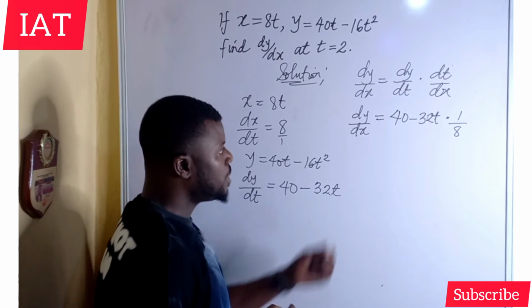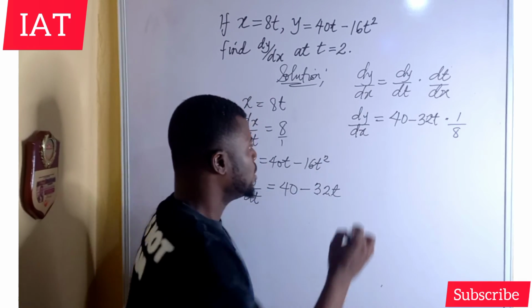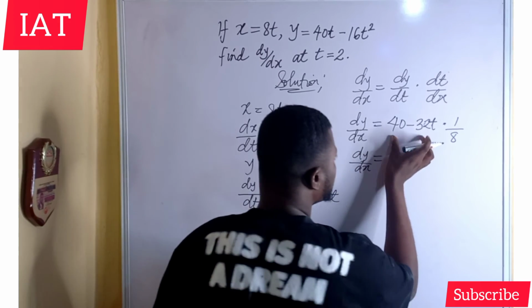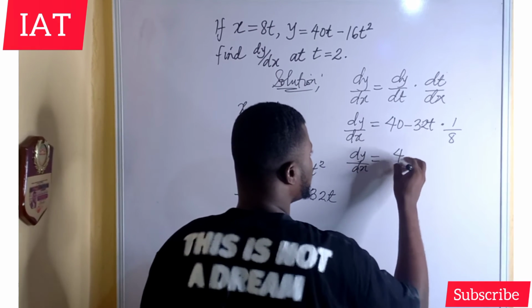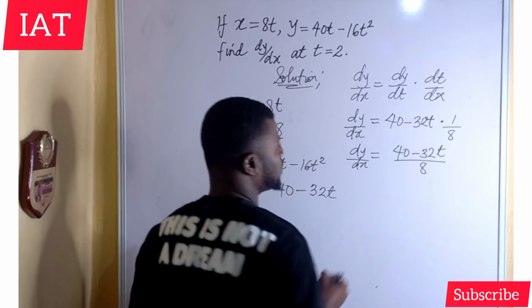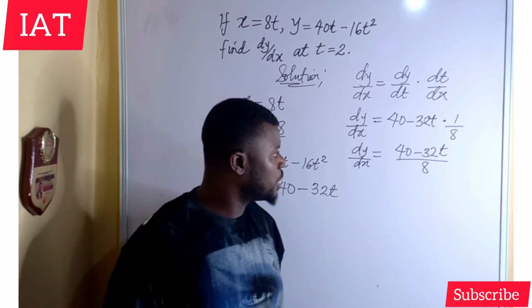So if this multiplies by 1 over 8, you have dy over dx equal to 40 minus 32t divided by 8.